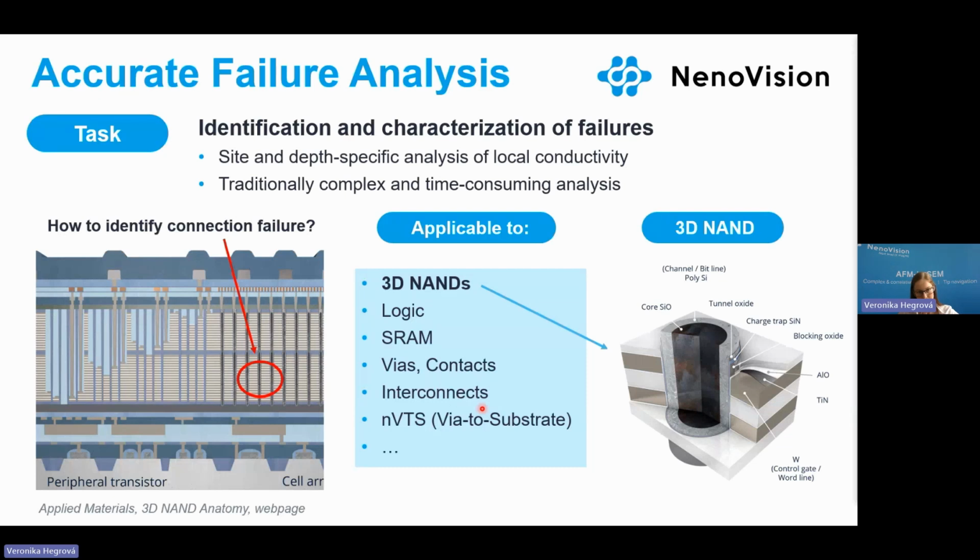As you know, most of the semiconductor structures are quite confidential, so this is where we can show it. What you see is the polysilicon channel, which is conductive, and a silicon oxide core, which is non-conductive.